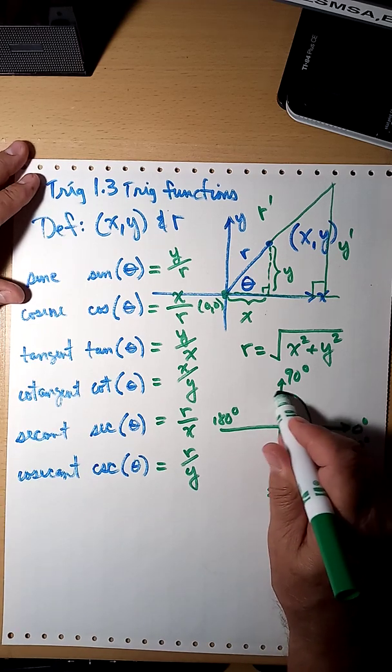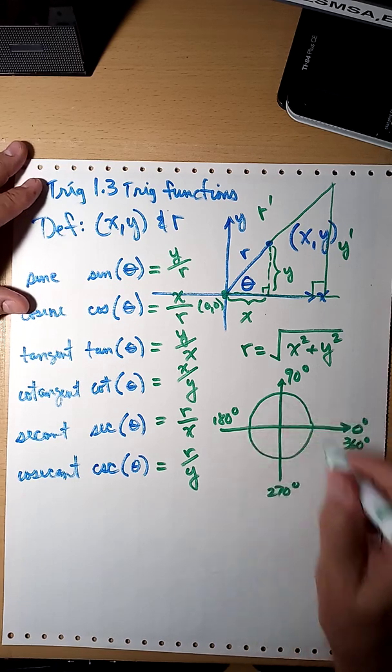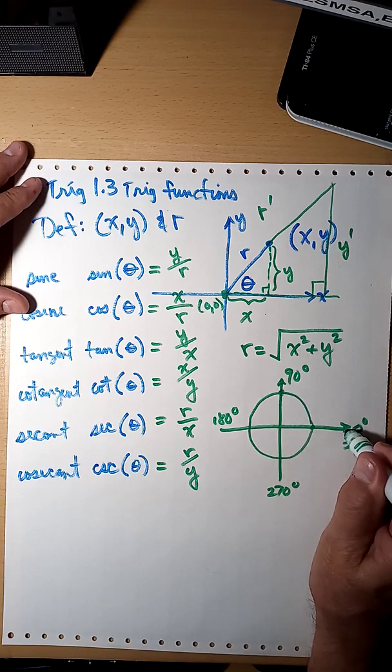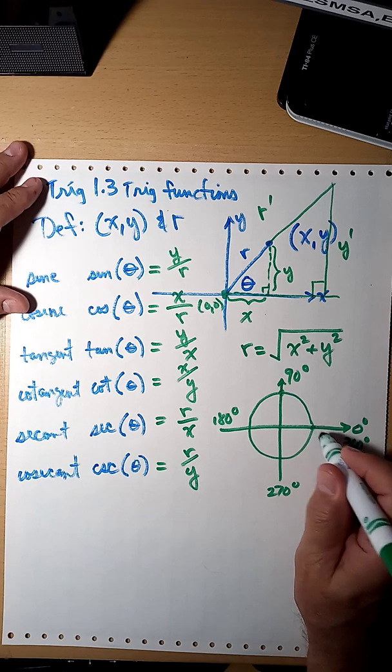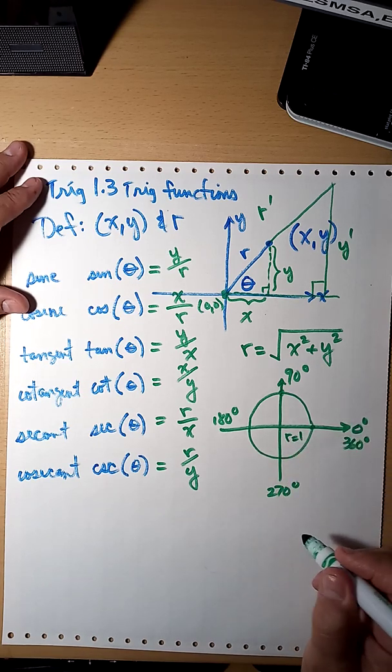It doesn't matter what you choose, because any point on this positive x-axis, positive y, negative x, negative y will work. So let's choose one that is nice. Let's make the radius 1.